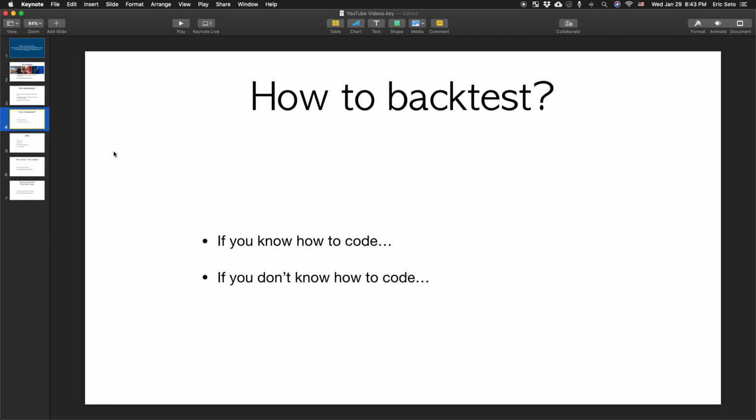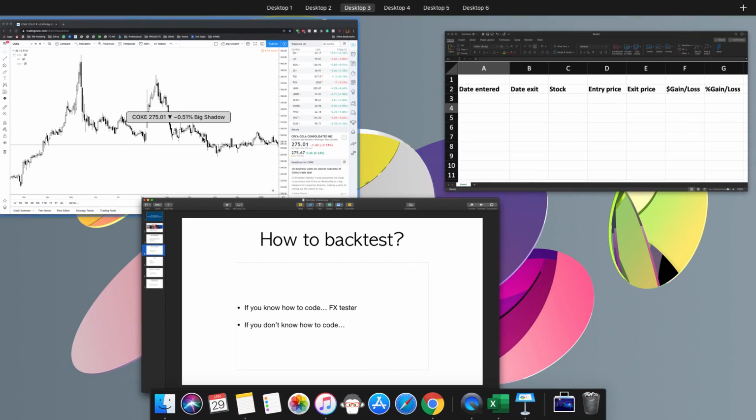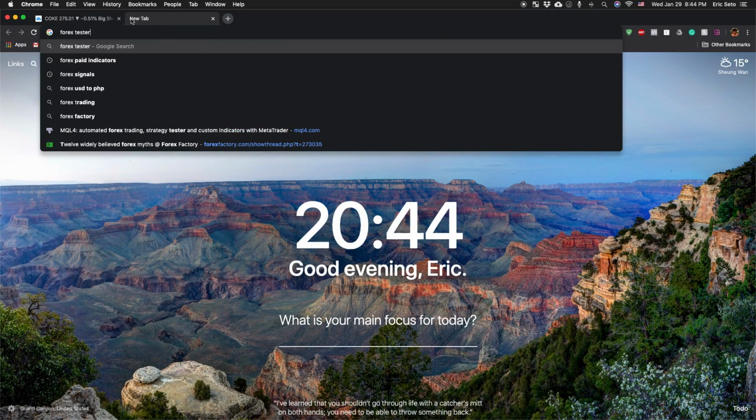So how do you backtest? Now, if you know how to code, then congratulations, you will have an easier time backtesting. And so the software I would recommend you to backtest is called Forex Tester. So you just go to Google, and then you can type Forex Tester.